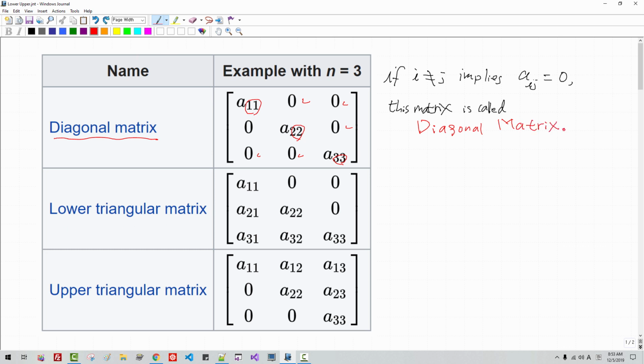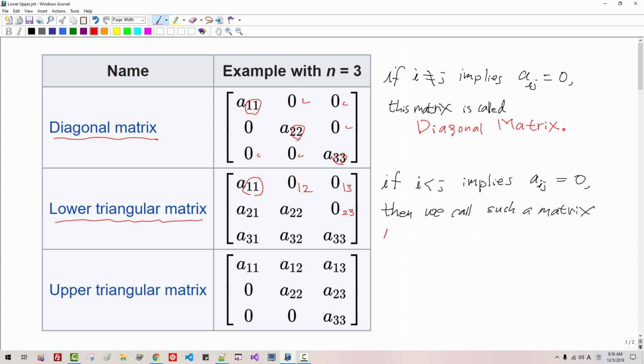Now let's think about a lower triangular matrix. This is A11, this is A12, this is A13. This element is 2, 3. So if i is less than j implies aij is 0, then we call such a matrix a lower triangular matrix.